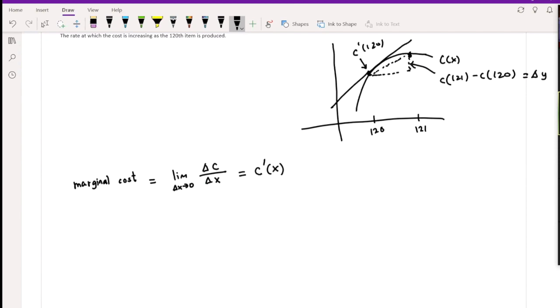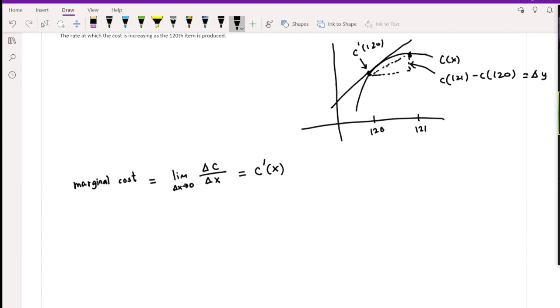So when we talk about the rate at which the cost is changing, the instantaneous rate of cost change is called the marginal cost in business terms.